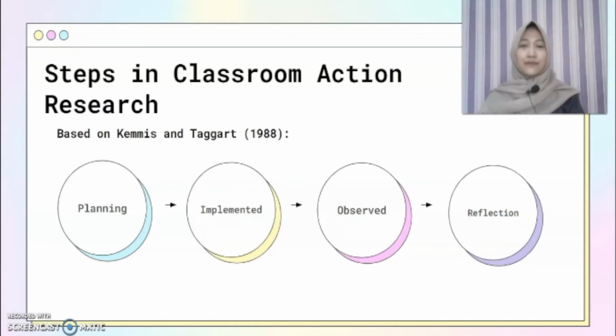The second is implement. Implement means you have to carry out the plan as an action in your classroom. The third is observe. The teacher has to observe the action during the implementation. And the last step is reflection. Reflection means you analyze the data that you obtained from the observation during the implementation of the action.